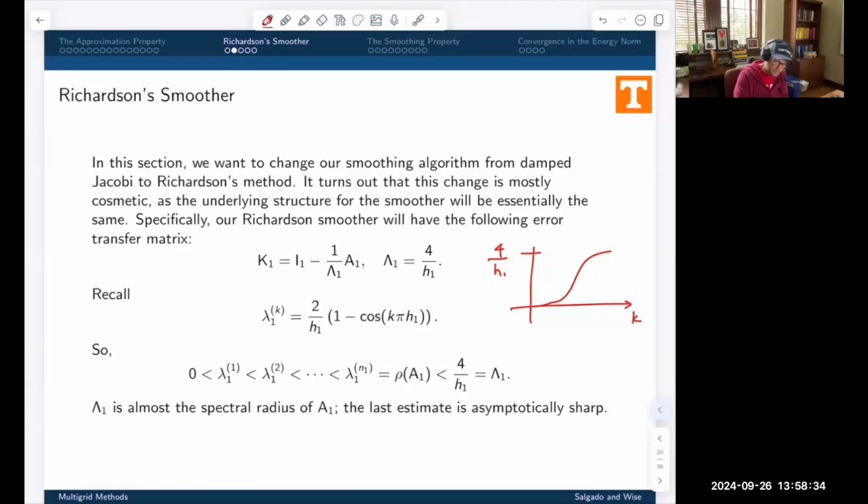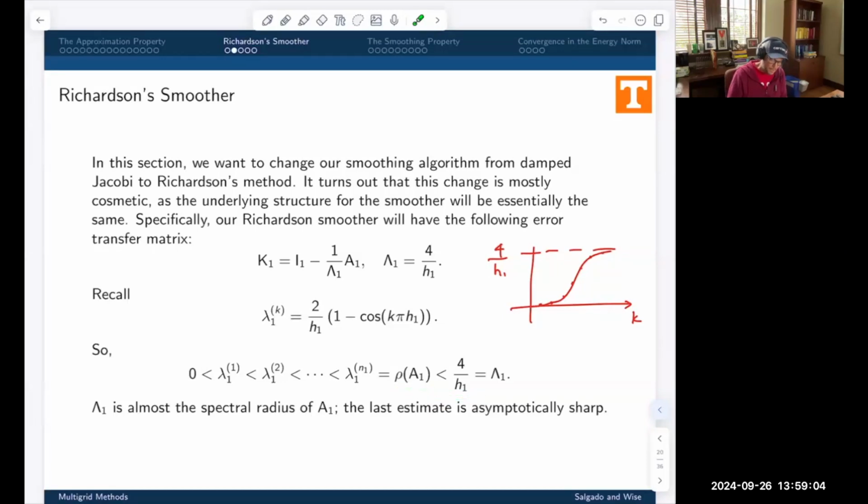It's not, it's a discrete variable. So the eigenvalues are actually discrete numbers along this curve. But the good news is we know that they're all positive. A1 is clearly a symmetric matrix. We know that all the eigenvalues are positive, and we have a nice upper bound for that, 4 over h1. Now remember I said that's not equal to the spectral radius, but it's an asymptotically sharp approximation of the spectral radius.